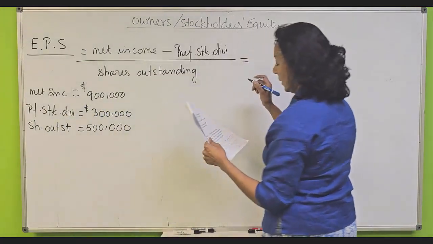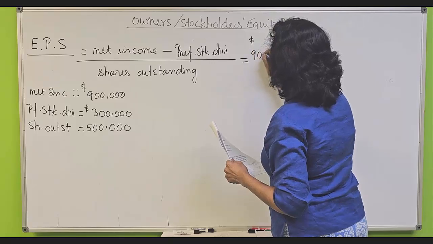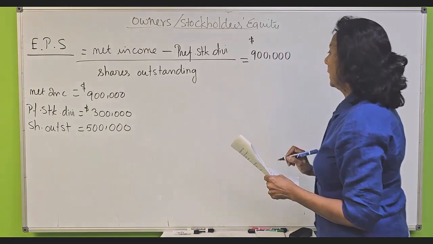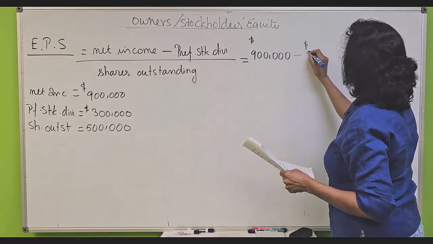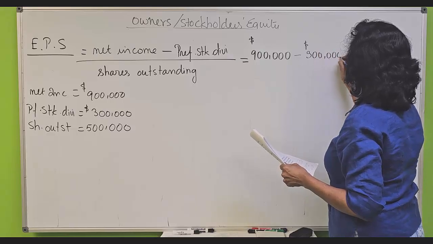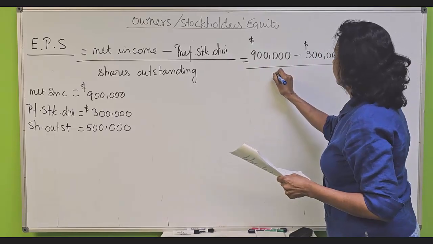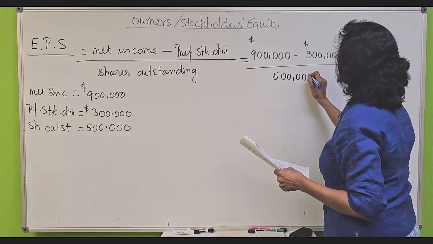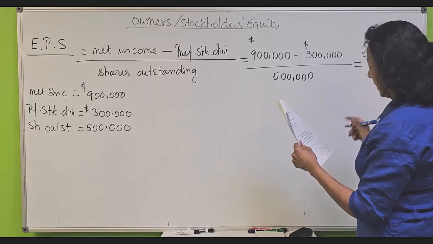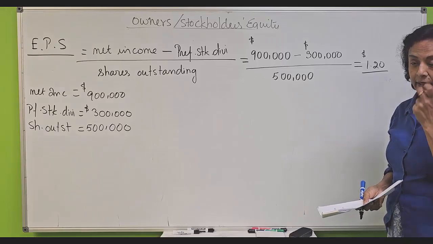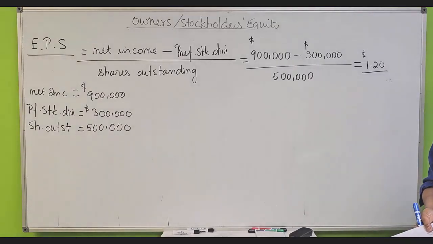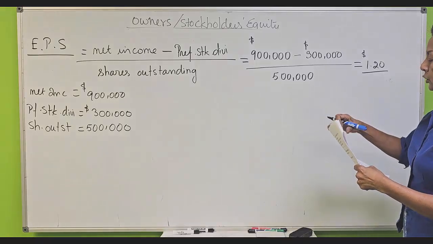So first, your net income is $900,000 and the dividends for the preferred stock is $300,000 divided by 500,000 shares outstanding, that equals $1.20. So the earnings per share is $1.20. That is the earnings that is attributable to one share of common stock.